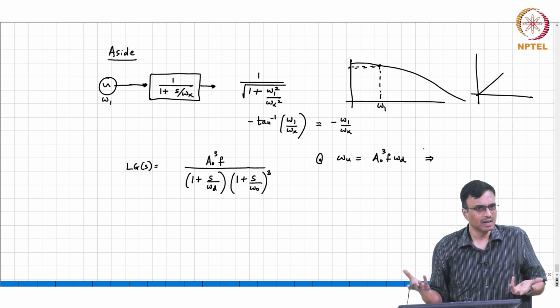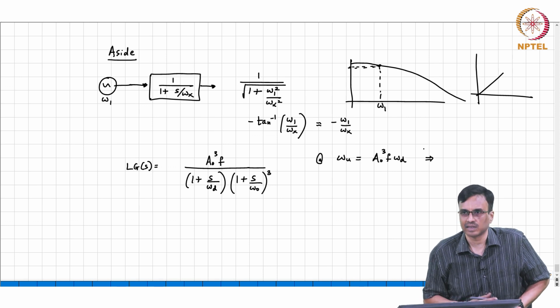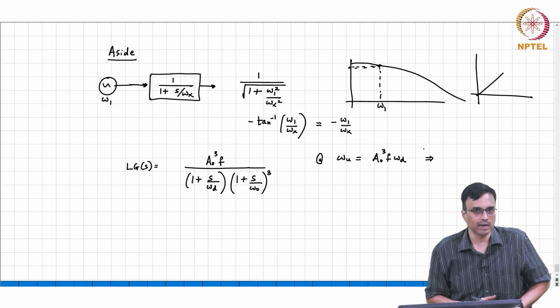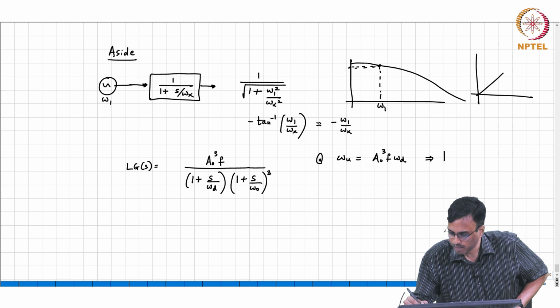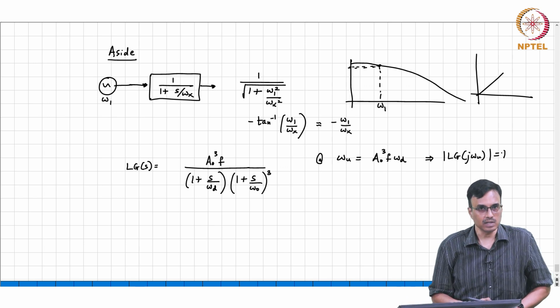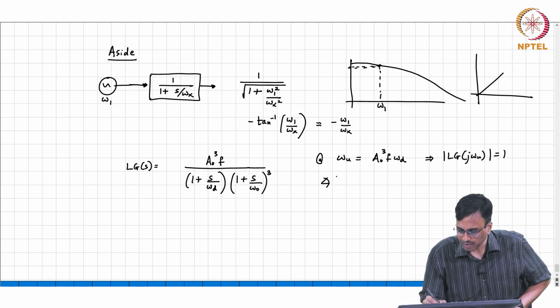By definition, unity gain frequency means the frequency at which the loop gain has a magnitude of 1. So, the magnitude of the loop gain is 1 by definition.